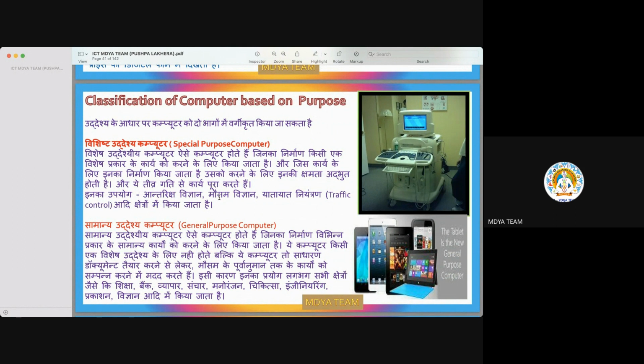Like in education, in banks, every employee is having a laptop or a computer or a desktop on their desk. So they are having a limited approach, limited functions.